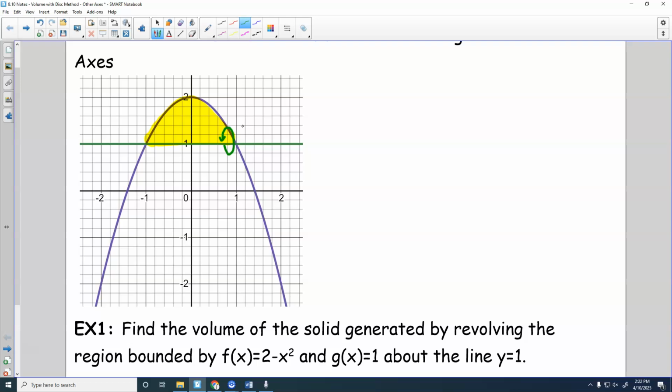Okay, so we're still going to think about the radius of that region. Since this is a horizontal line that we're rotating around, we're going to be in terms of x. We'll have a vertical line right here, and we're taking that and rotating it around the axis. So this right here would be my capital R of x.